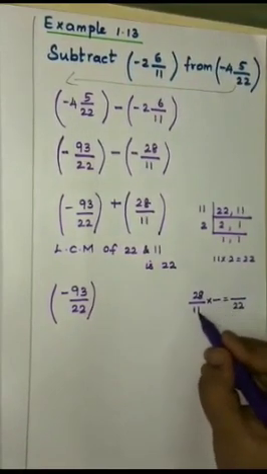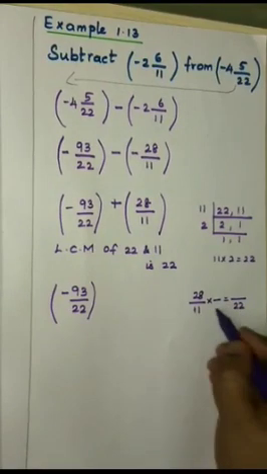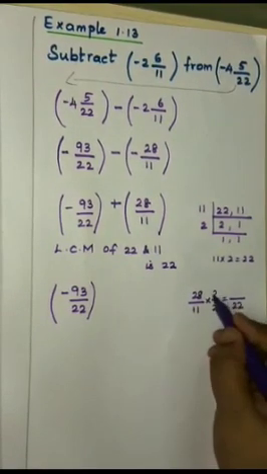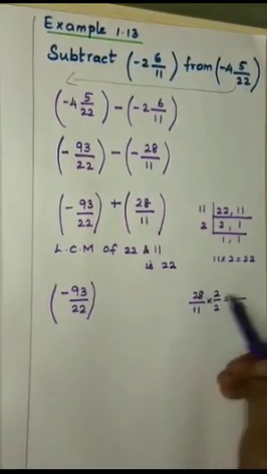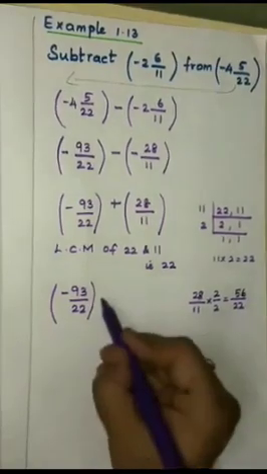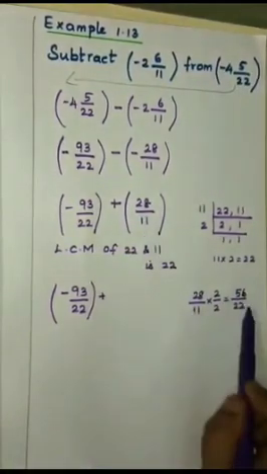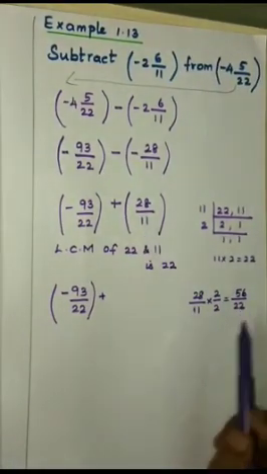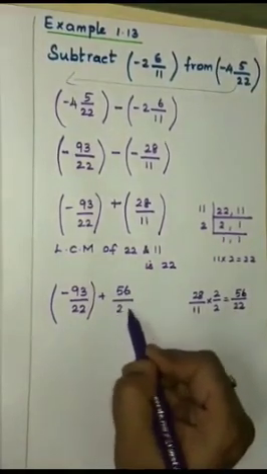So by what number, when I multiply this 11, I will get 22 in the denominator? 2. By the same number, you multiply the numerator also. 28 into 2, 56. So instead of adding this rational number, I am going to add its equivalent rational number, that is 56 by 22.